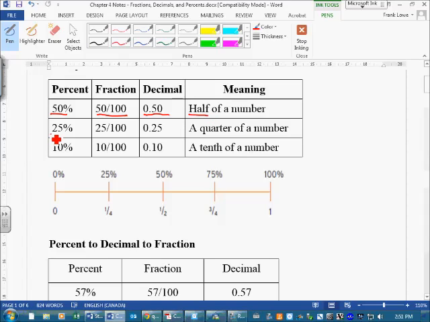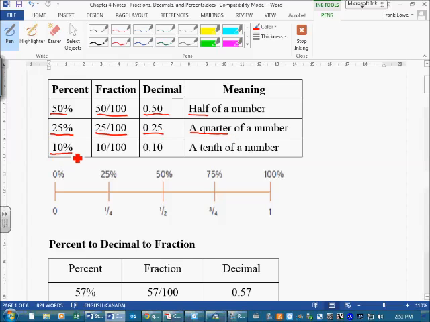Okay, 25% now. 25%, percent's always out of 100, so this could be 25 out of 100. Or as a decimal, 0 and 25 hundredths. Okay, 25% is always a quarter of a number, and as we'll look at in a different video, a quarter of a number is always found by dividing by 4. But we'll come to that another time.